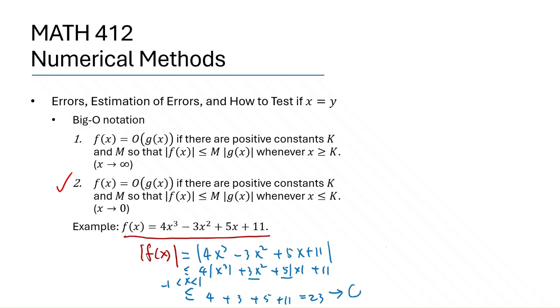So is it big O of 23? No, we write 1 there, because 23 is 23 times 1. We will not use 23 or 100 there. It's constant. That's the case when x goes to 0.